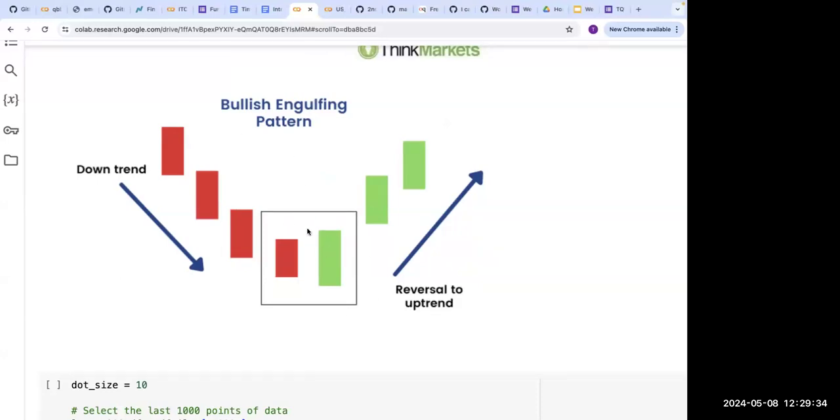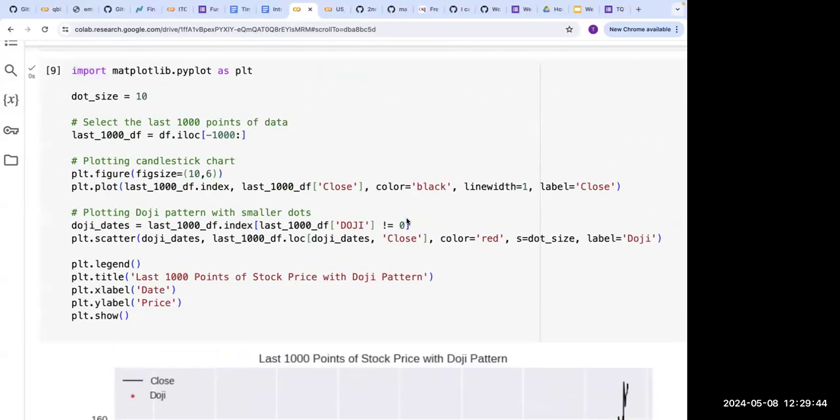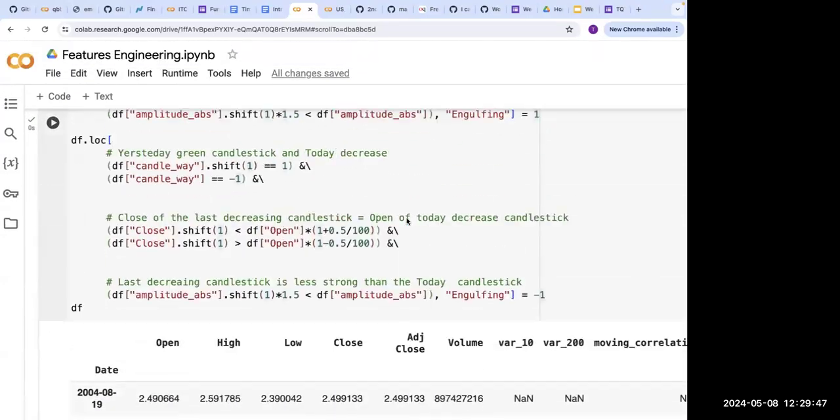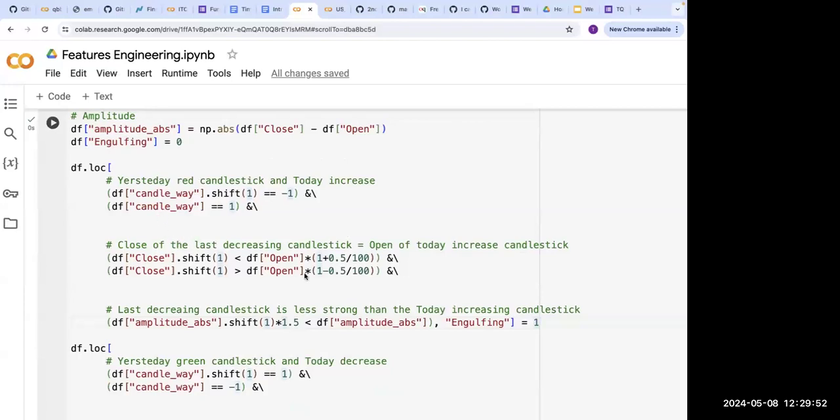Whenever we saw this candlestick fully covering the previous one, we can say it's going to reverse to the uptrend. So what I did in the code is I shifted and checked whether the open and close price was entirely inside the next interval, then you assign it +1. If it was the reverse way, like a bearish engulfing, you assign it -1. So that's what's happening here.